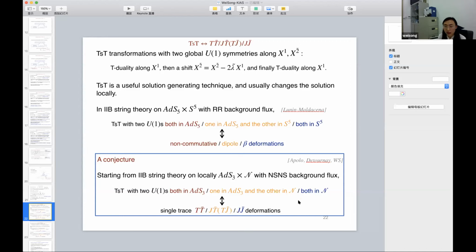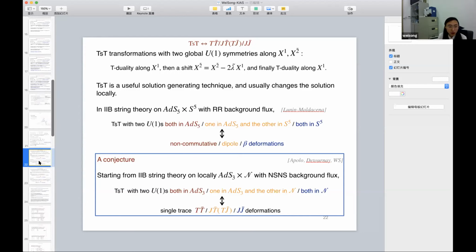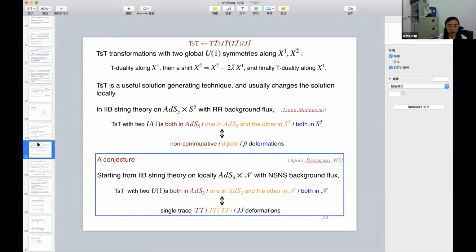And if you choose both U(1)s in the internal direction, it could correspond to the JJbar deformation. That's our conjecture.